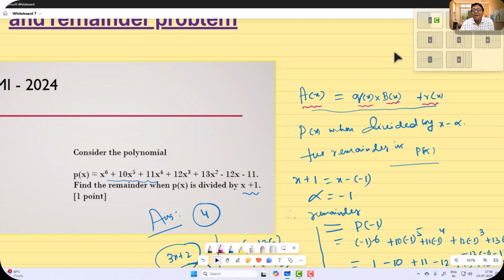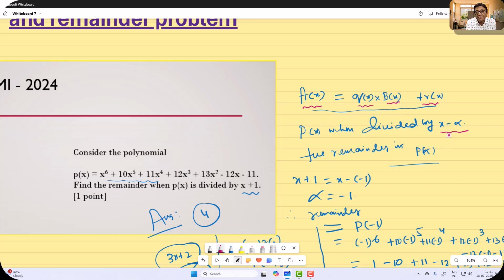When p(x) is divided by x minus alpha, the remainder is given by p(alpha). But if p(alpha) equal to 0, then x minus alpha is going to be a factor of the polynomial.